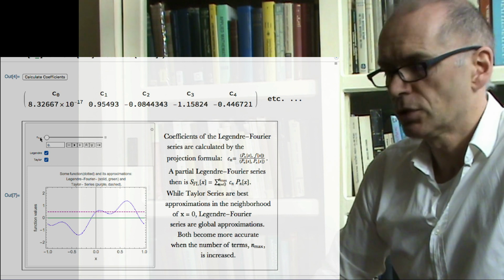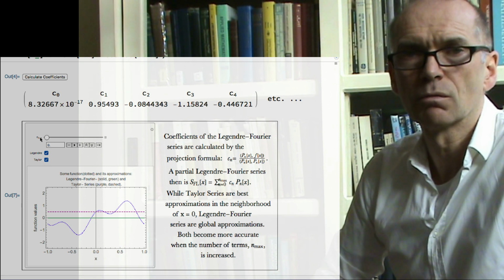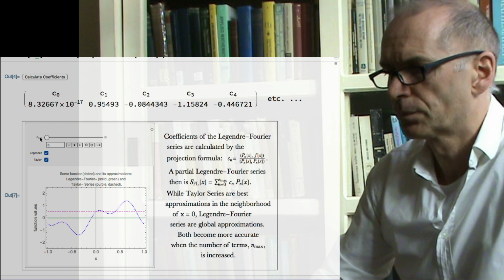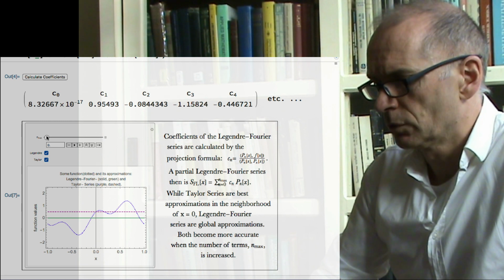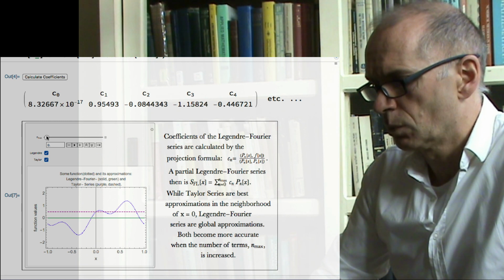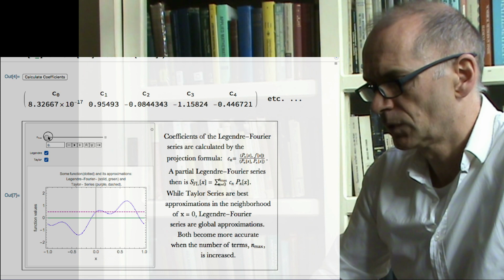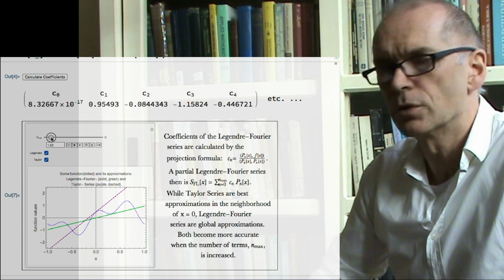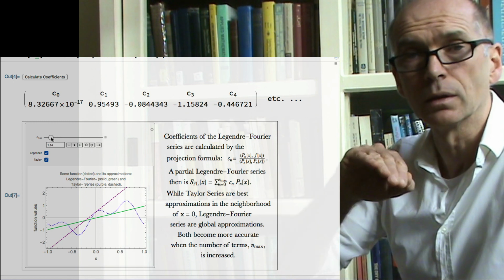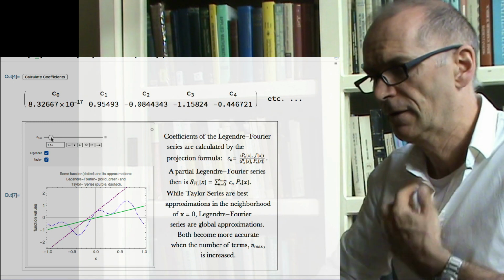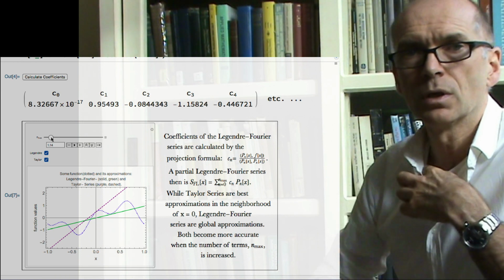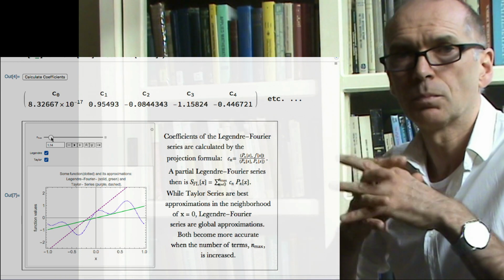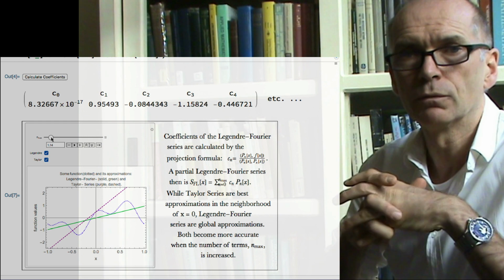The Legendre series gives kind of an average value over the full interval. And the Taylor series, with one more term taken into account, gives the slope at the origin, so you get a tangent line to the target function at the origin. The Legendre series gives a kind of general slope average over the full interval.